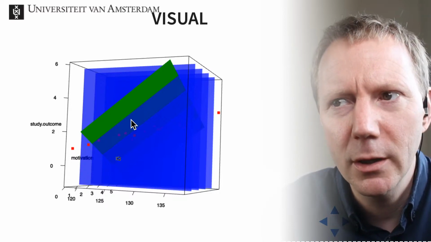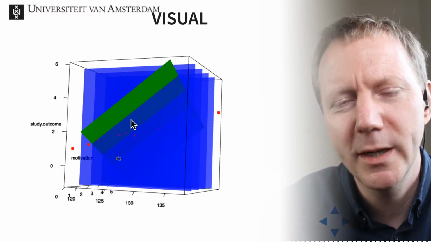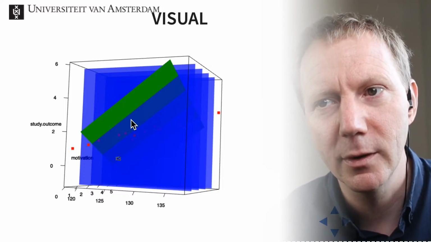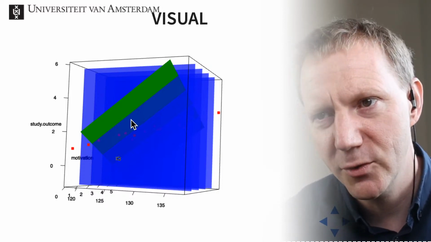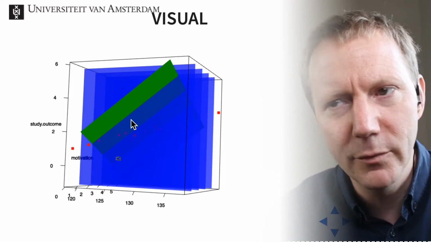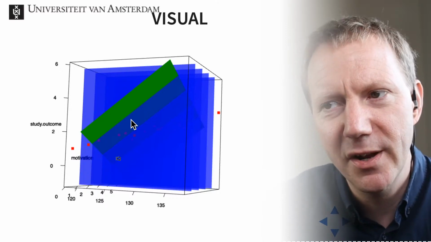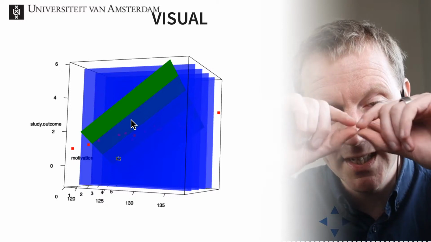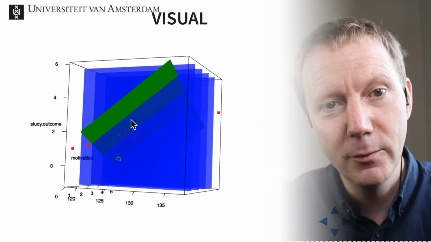So when we're talking about explaining variance, we're talking about explaining variance of the dependent variable, the thing we try to measure. And the thing we try to measure here is study outcome. So the average of our outcome variable, the average of study outcome, is the thing we want to know.